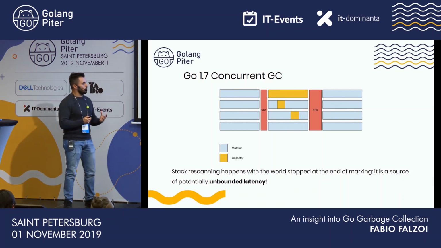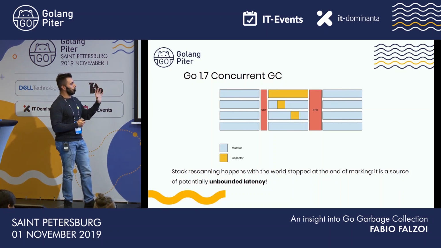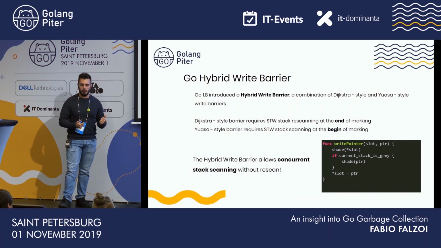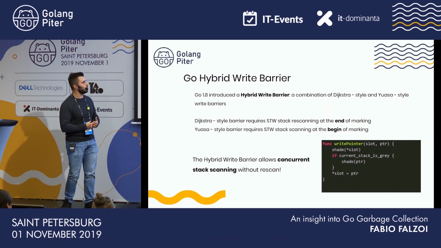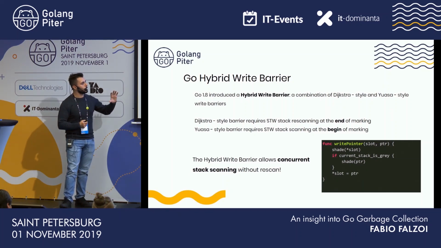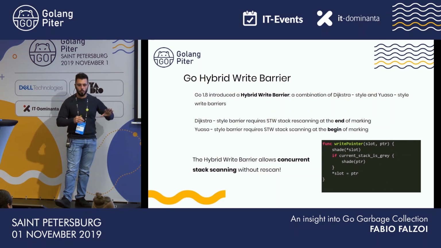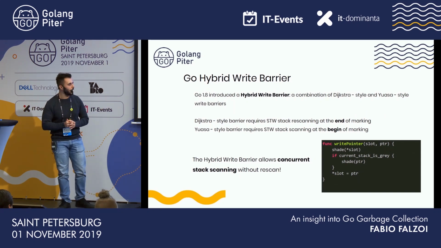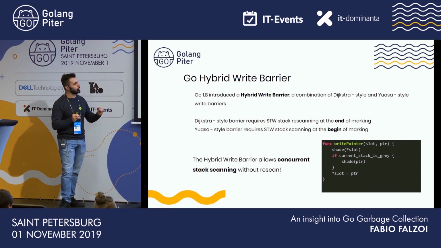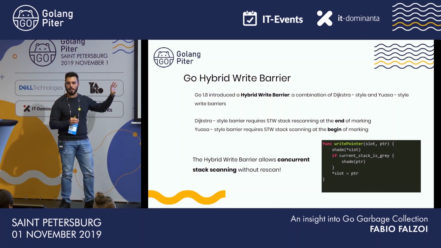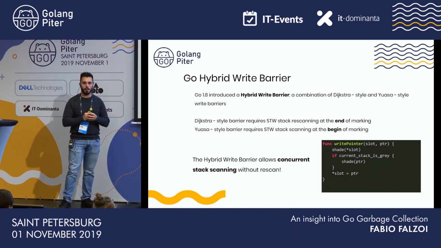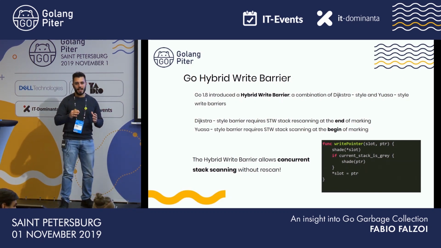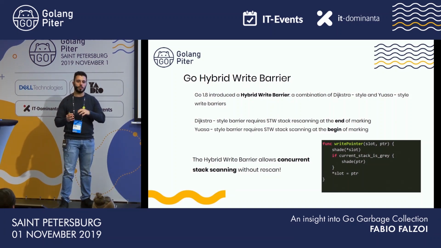And okay, so how did the Go team decide to address this issue? They switched the type of barrier, using a hybrid write barrier, starting from Go 1.8, if I recall it right. And here is the algorithmic implementation of the barrier. We won't dig too much into details because it is quite complicated from a theoretical point of view, but what is important now is that the hybrid write barrier combines two kinds of barrier that, taken alone, need either a rescanning of the stacks at the end of marking or a stack snapshot at the beginning of marking.